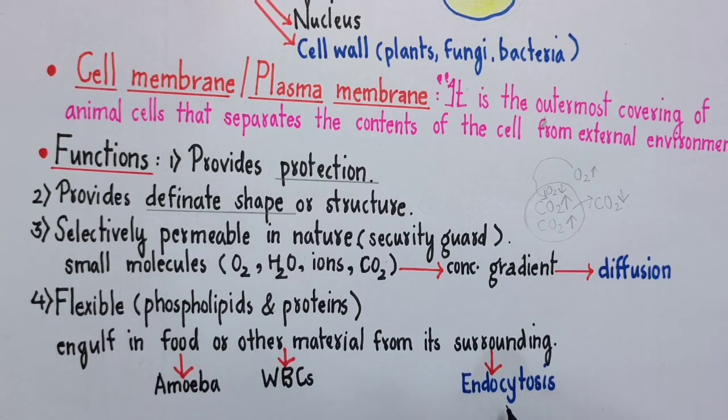Endocytosis is a process in which the cells engulf food or other materials from their surroundings. Here I have written amoeba because in the case of amoeba, endocytosis helps in engulfing food. In the case of our WBCs, endocytosis helps in engulfing pathogens or foreign particles.